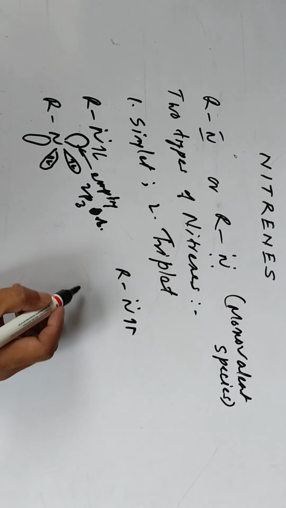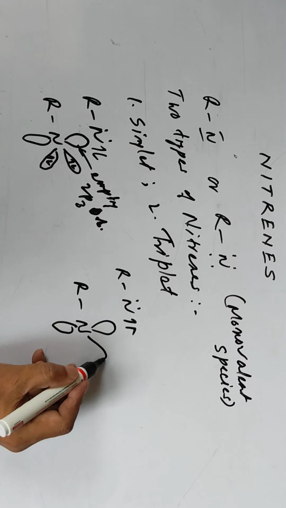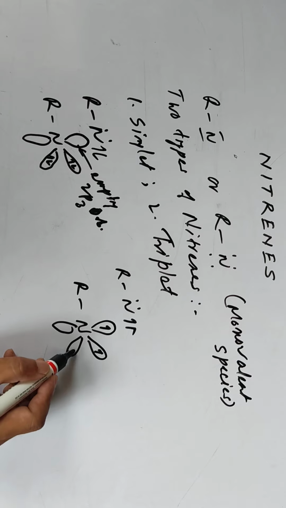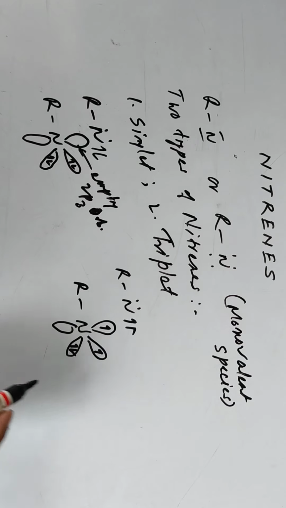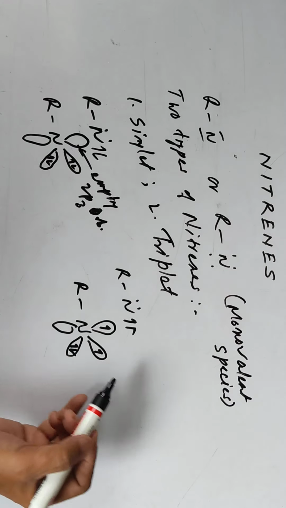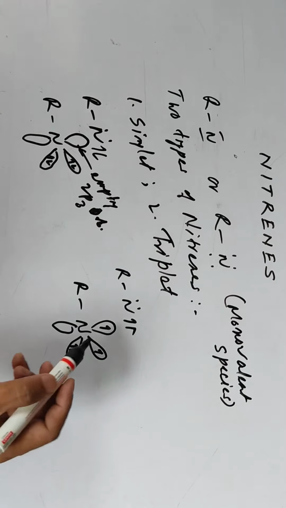So here the sp2 orbital is paired. In the case of triplet, the structure is like this. One sp2 orbital is occupied by only one electron, and the 2pz orbital is also occupied by only one electron.